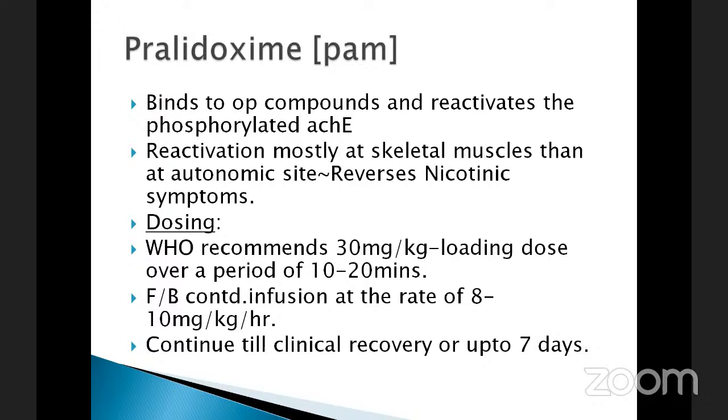That is called the vagolytic dose. Atropinization starts with 1.8 to 3 mg fast bolus over a period of within 3 minutes, sir. So that is the vagolytic dose.